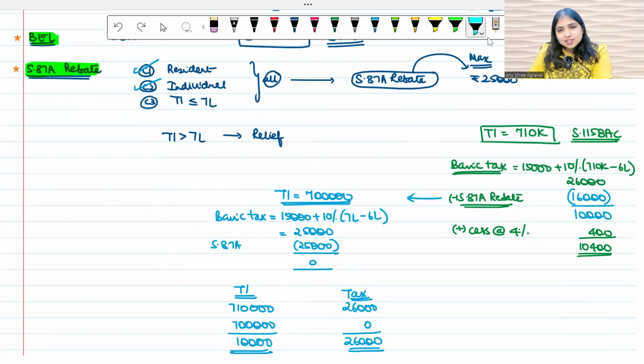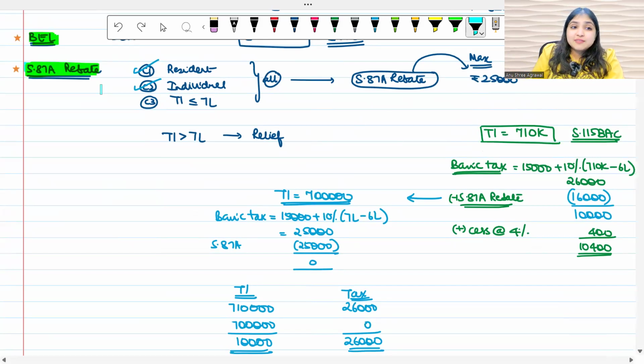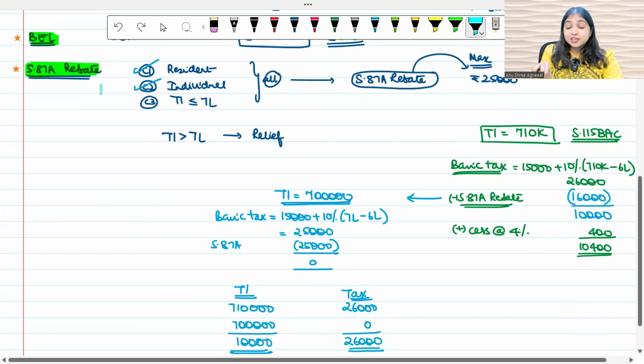When do we calculate marginal relief? Only when the total income of the assessee is close to the surcharge limits, right? Same way, even under 87A rebate, under 115 BAC, you will think about 87A rebate only if the total income of the assessee is close to 7 lakhs. Like up to 7 lakh 50, you can do this calculation in the examination. Beyond that, not required.